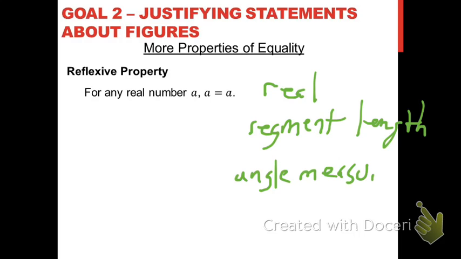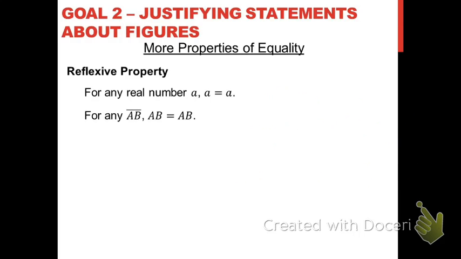So 3 different versions of the same property, but they are the same property. All right, well, with segment lengths, here's how the reflexive property would look. If you have a segment AB, then the distance from A to B is equal to the distance from A to B. All right? And then with angle measures, for any angle A, the measure of angle A is equal to the measure of angle A.